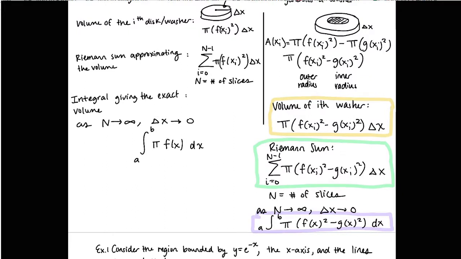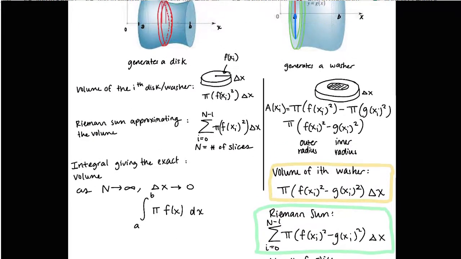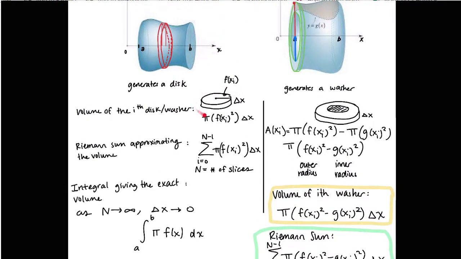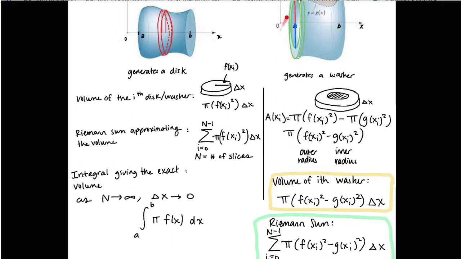Just giving you a second to pause there and think about it. Before moving on, some students really enjoy not drawing the cylinders or the discs and the washers this way. They like to leave them exactly oriented as they would be on the page, because we're going to see what happens when we rotate about the y-axis in the next video. It really doesn't matter. I think the picture is to help you visualize what's going on, because if you understand the concepts, you don't need to memorize a whole bunch of crazy identities.